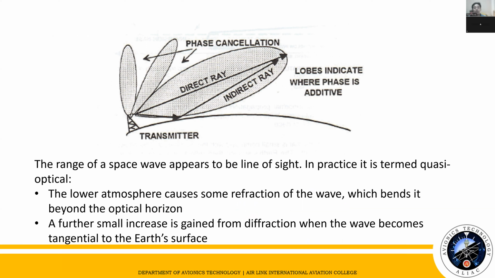So, this produces lobes and nulls, particularly when the receiver is too close to the station. So, ulitin natin, nagkakaroon siya ng phase cancellation when the receiver is too close to the station. So, kung mapapansin nyo from the image, this one and this one, ayan yung kakaroon ng null.